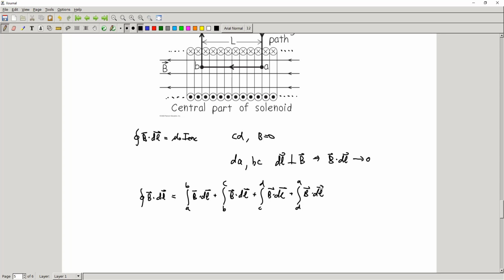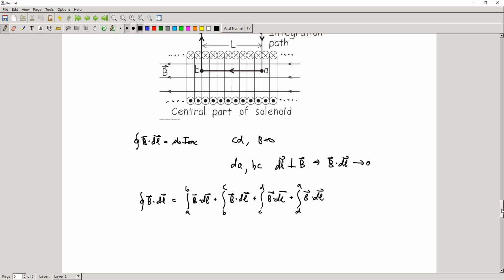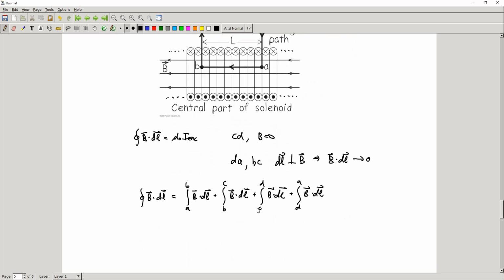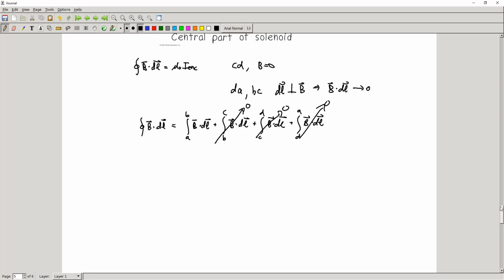But we just talked about how the C to D section went to 0, because this is the part up here where there's no magnetic field. And these two parts go to 0 because the magnetic field is perpendicular to our tiny dl elements. So this whole thing simplifies down, and we just have to do the integral from A to B of B dot dl, and this is what's going to be equal to mu naught I enclosed.